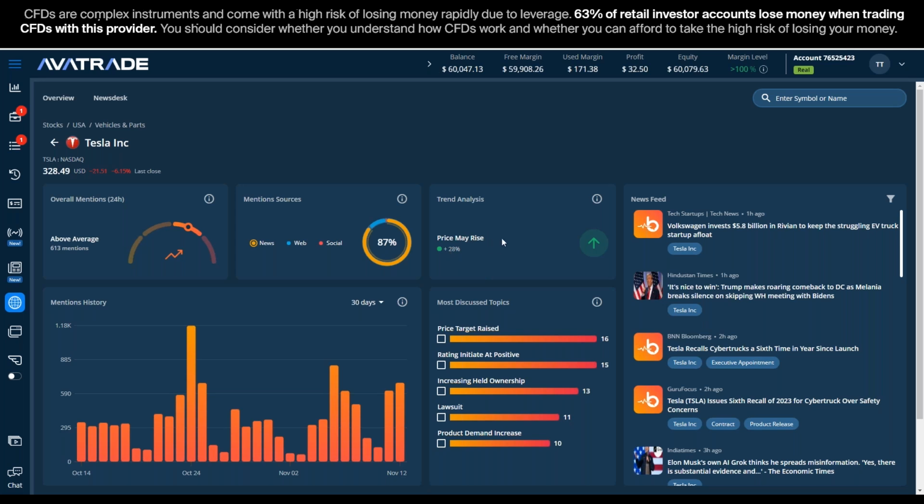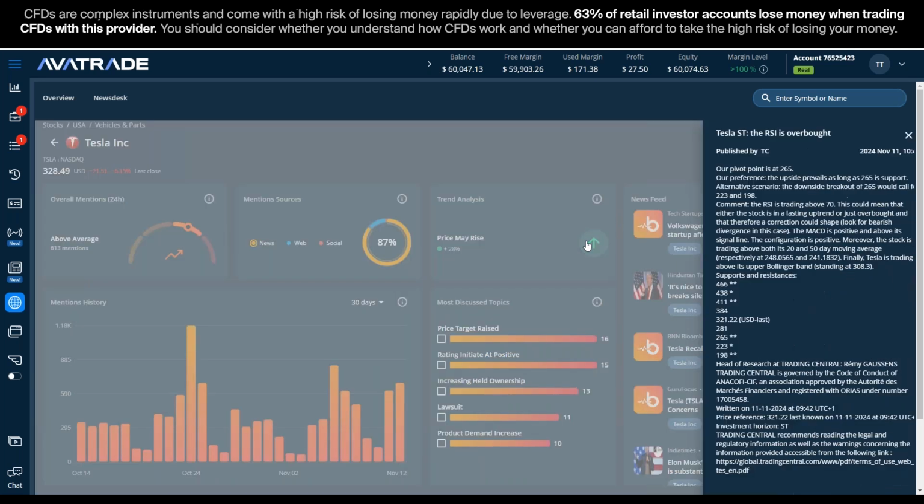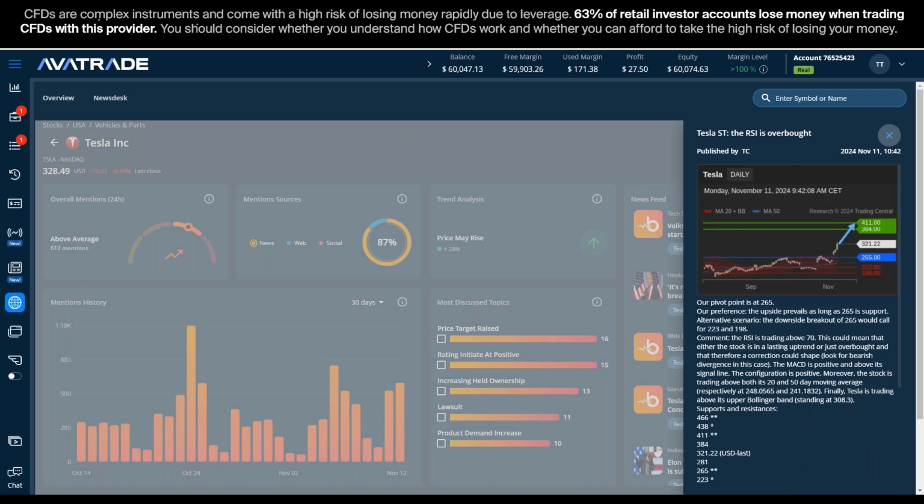Price may rise 28%. So Tesla already went up strong after the election, maybe partly because Trump has brought in Elon Musk as part of his administration now. That doesn't mean it should directly help Tesla, but people were excited by that, and Tesla went up quite a bit. And you can see there's still an expectation of a further rise.